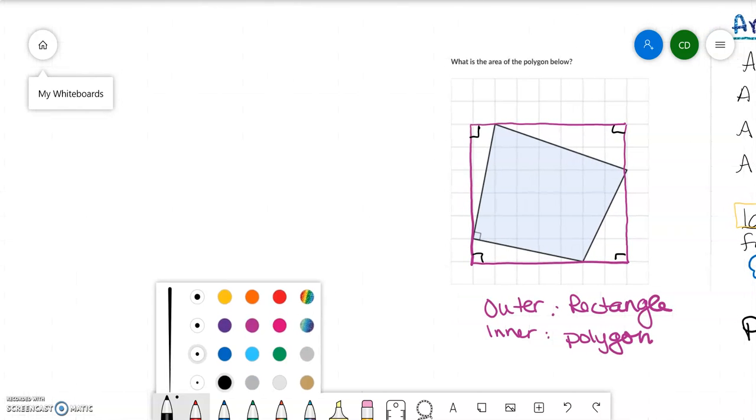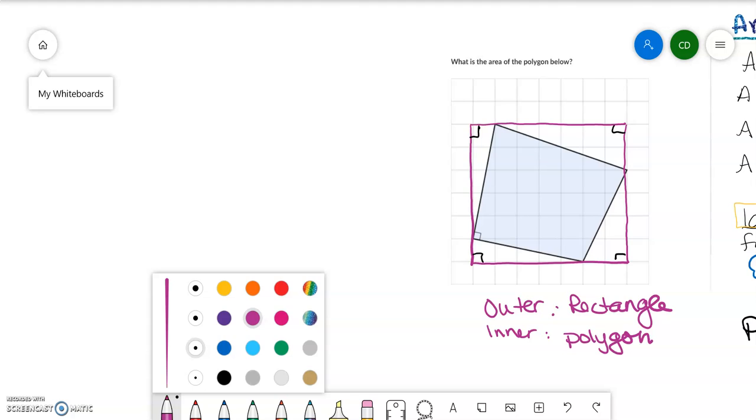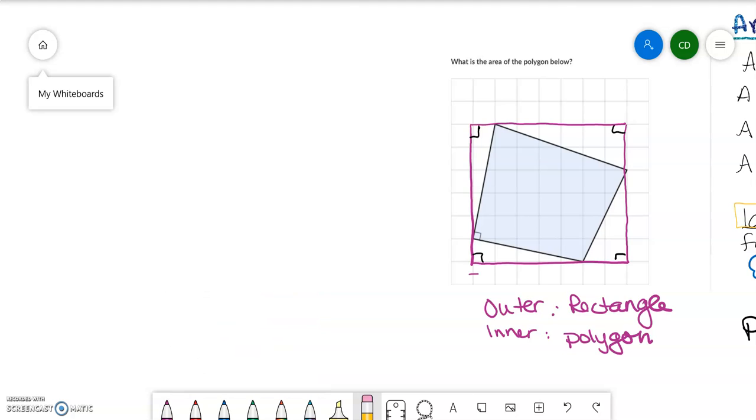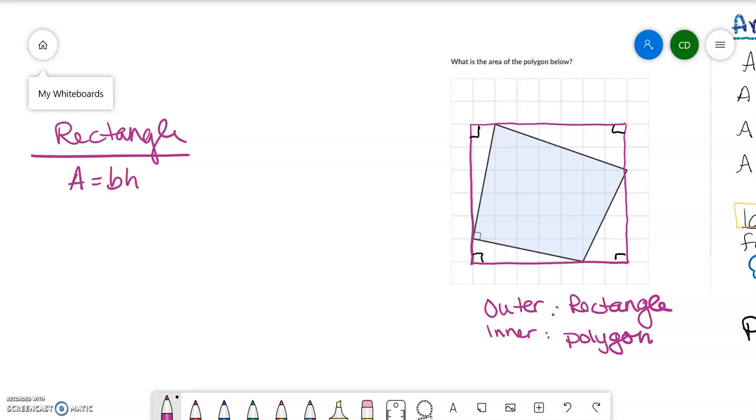I'm going to start with the area for my rectangle, right? That's right, I guess I should write rectangle. Keep my work all nice and organized. A rectangle has an area of base times height, right? That's our formula. So I need to find the length of the base and the height of the rectangle.